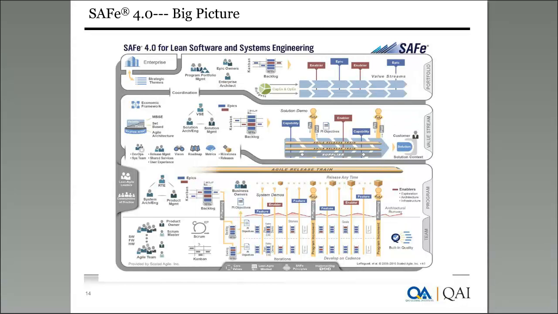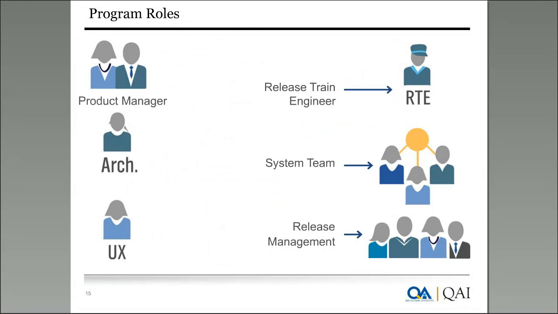The agile release train is the construct where multiple agile teams interact together to deliver the program requirements or program backlog in an incremental and iterative approach. That is what it is.